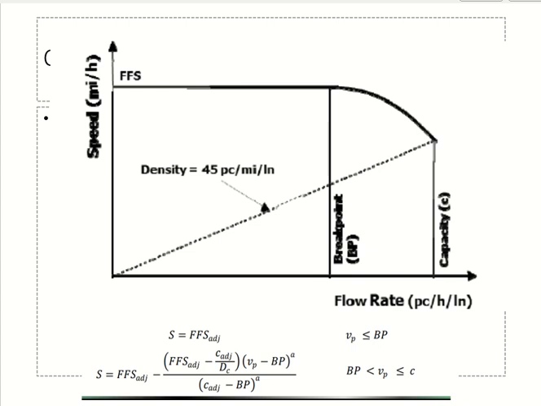So you will have a set of points. I'll make a table here. First point: free flow speed and 0, right? Flow 0, speed free flow speed. Second point: free flow speed, break point. Third point: capacity, SC.